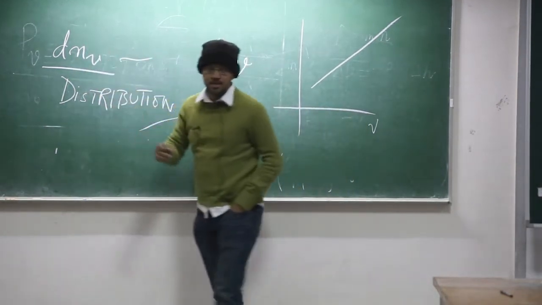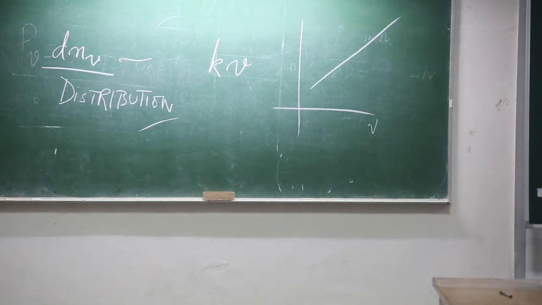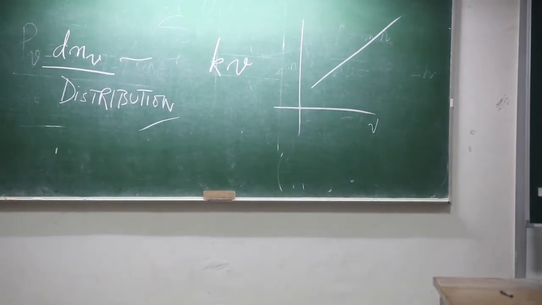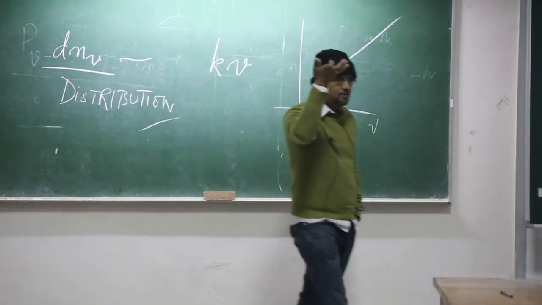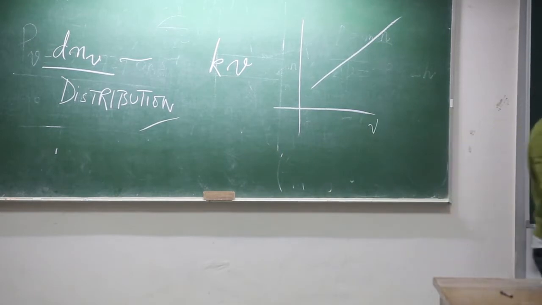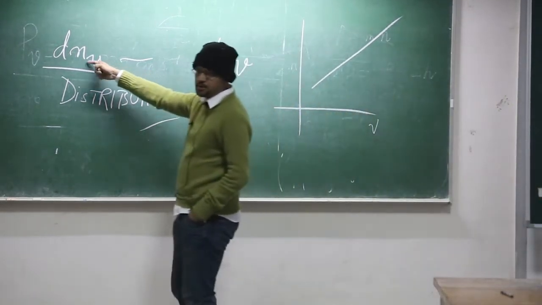What would that correspond to? By definition, when this quantity has a maximum, it means the largest number of particles are having velocities around that point, right? So that's the most probable situation. And then at very high velocities, it should also be very small.